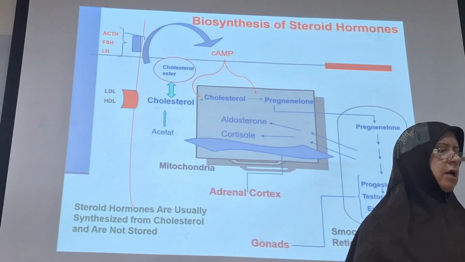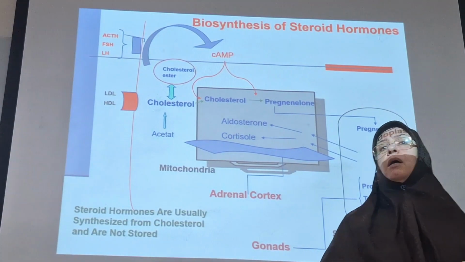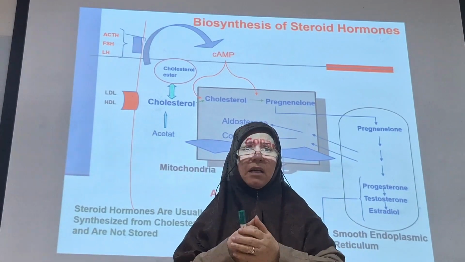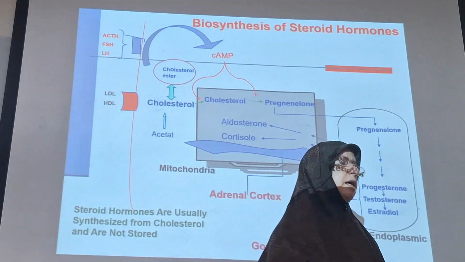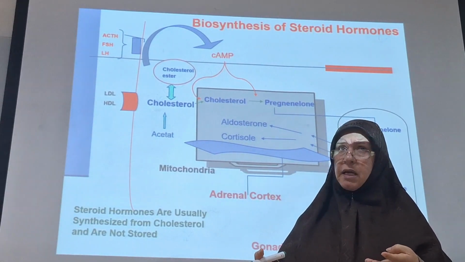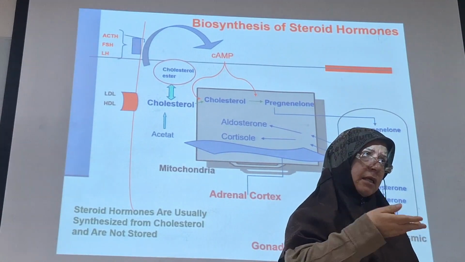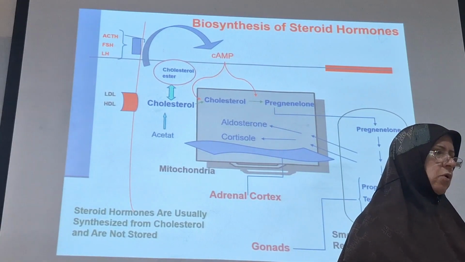So steroid hormones are synthesized from cholesterol and are not stored. Peptide hormones, after production, are saved inside the cells, maybe for weeks or months, but steroid hormones are not stored. After production, steroid hormones are lipid soluble, so they easily pass the cell membrane and do not stop.